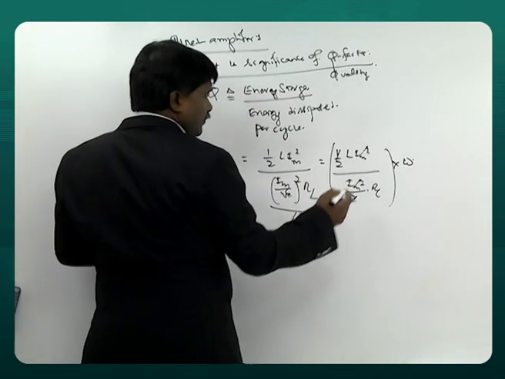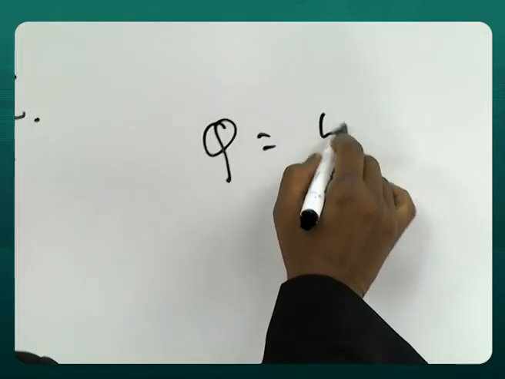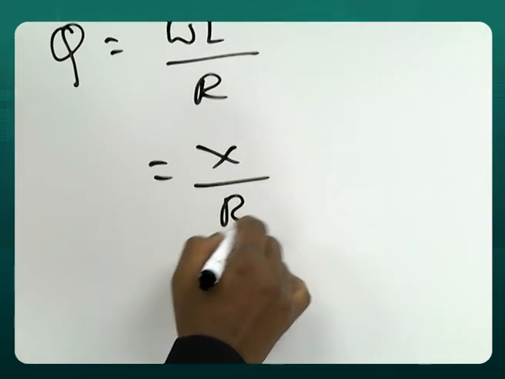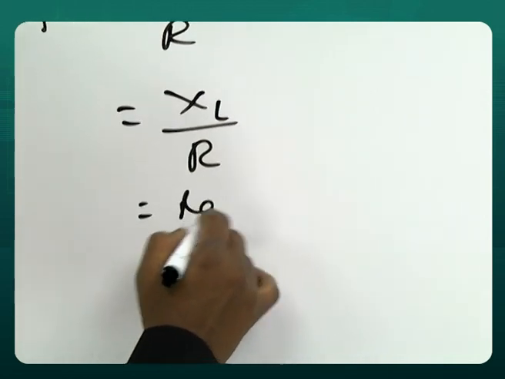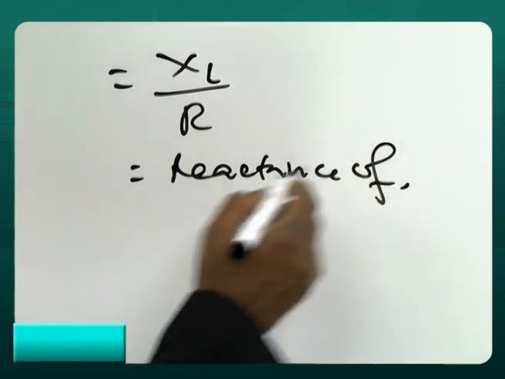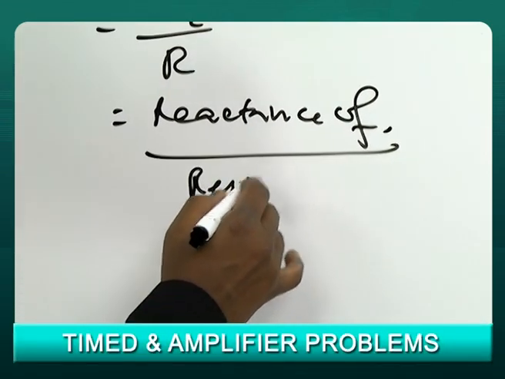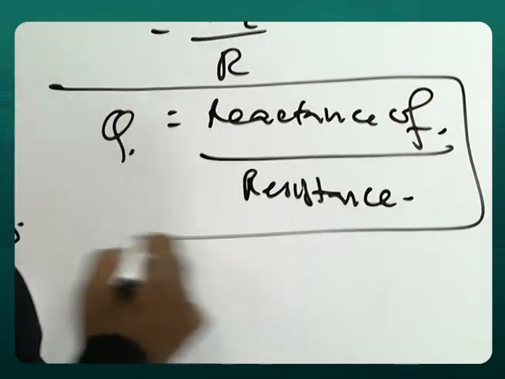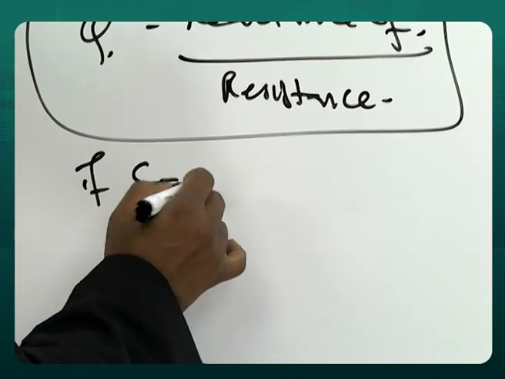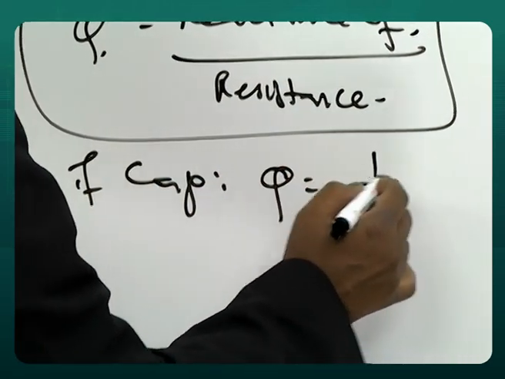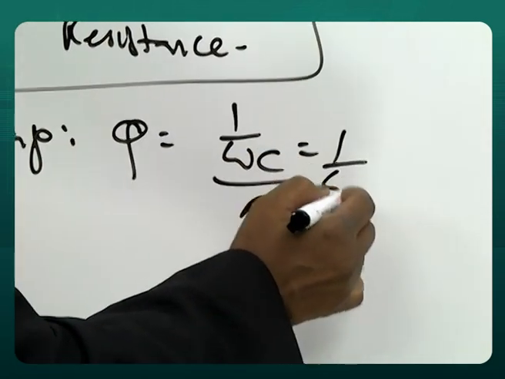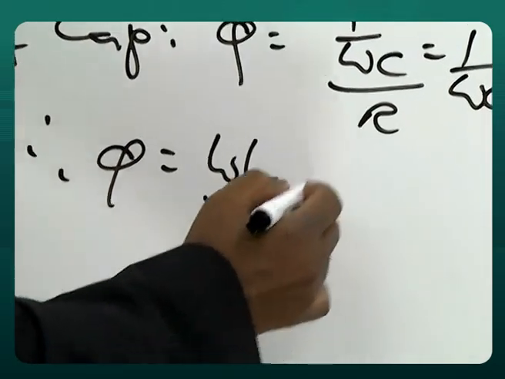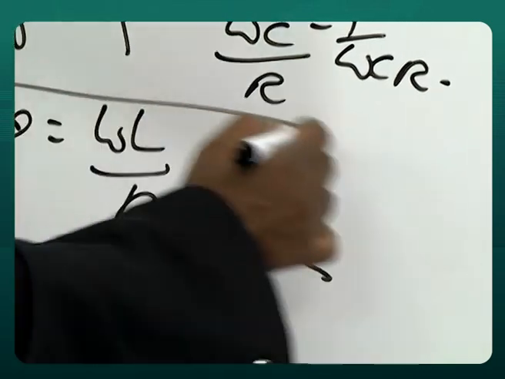That is nothing but omega L by R. People call it as X by R. Reactance by resistance. That's the quality factor. If you consider capacitor, Q is 1 by omega C by R, 1 by omega CR. So therefore, quality factor is omega L by R, 1 by omega CR.